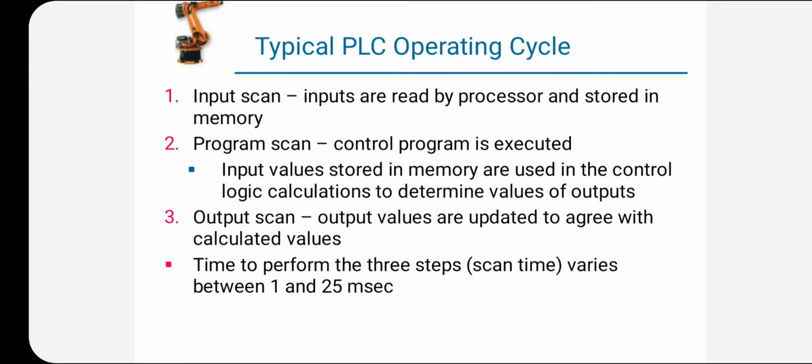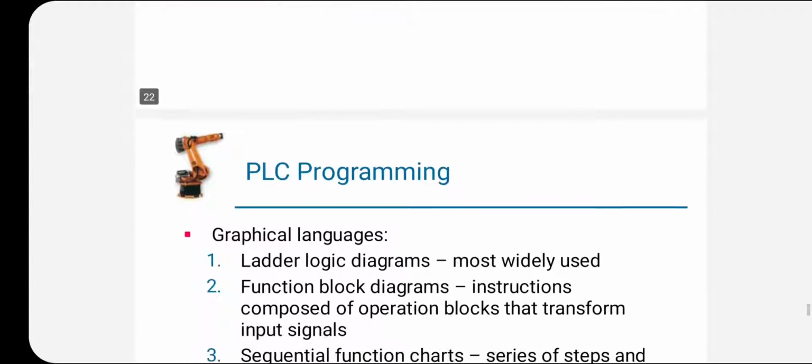The input values stored in memory are used in the control logic calculations to determine values of outputs. Then output scan: output values are updated to agree with the calculated values. The time to perform the 3 steps varies between 1 to 25 milliseconds.